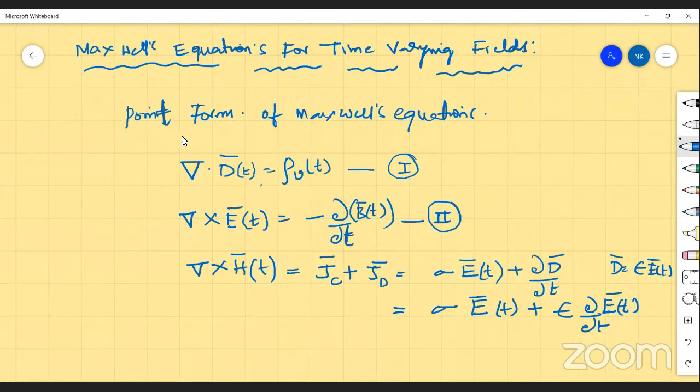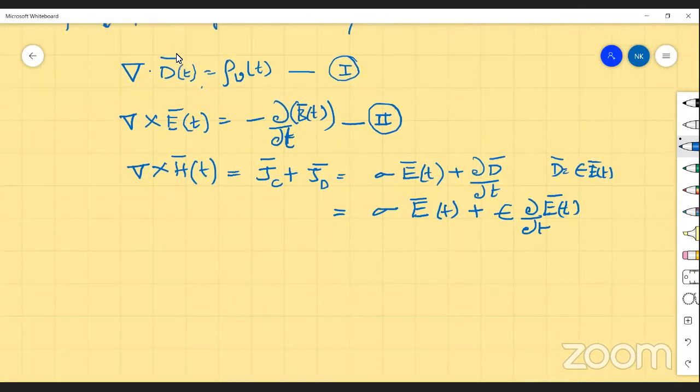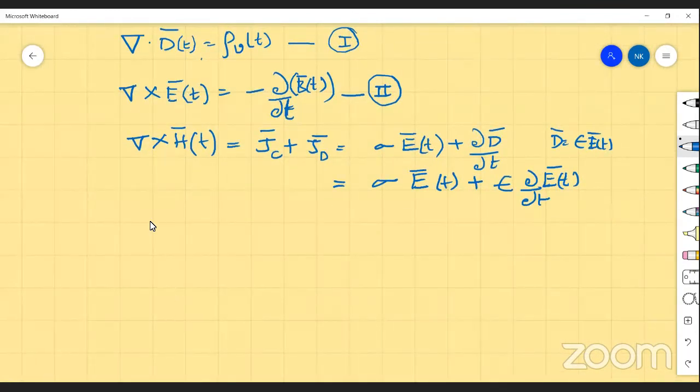Okay. So now, what is the fourth equation? This is the third equation.